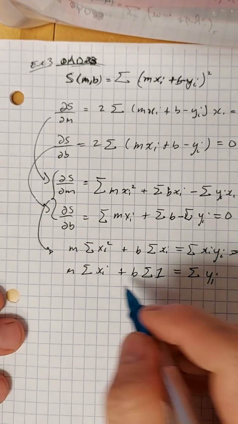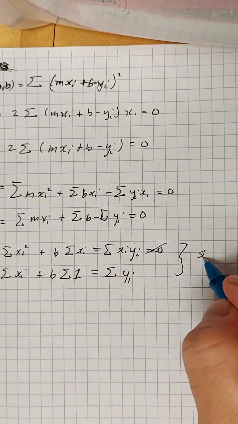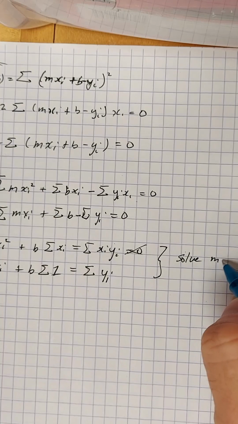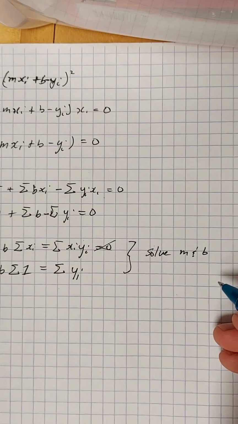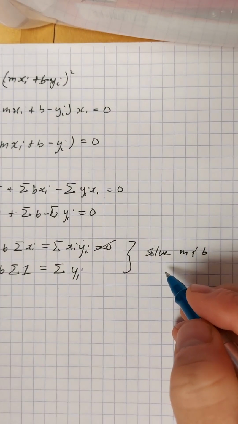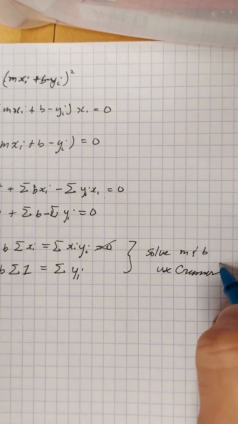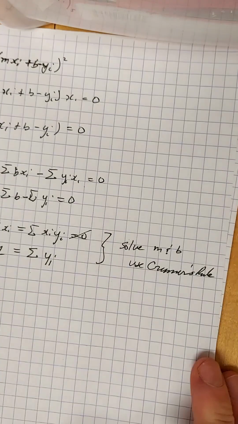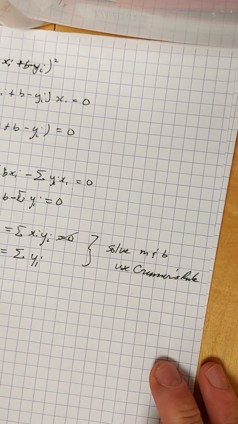Okay, and so now we want to use this information to solve for our parameters, which are m and b. To do this, we'll use Cramer's rule.